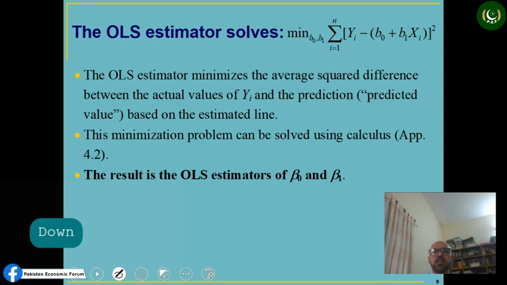So ordinary least squares basically tries to pick beta naught and beta 1 in such a way that this sum of squares of residuals is minimized.